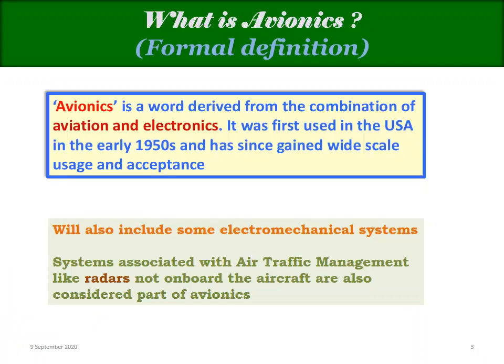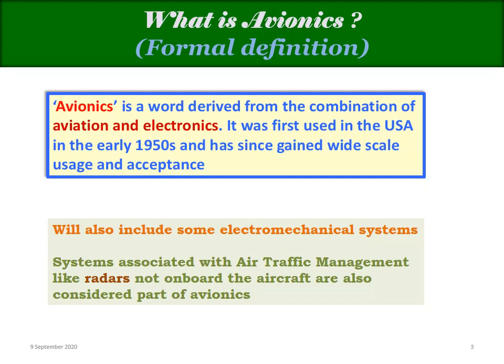So, what is avionics? Avionics is a word derived from the combination of aviation and electronics. It was first used in the USA in the early 1950s and has since gained wide-scale usage and acceptance.